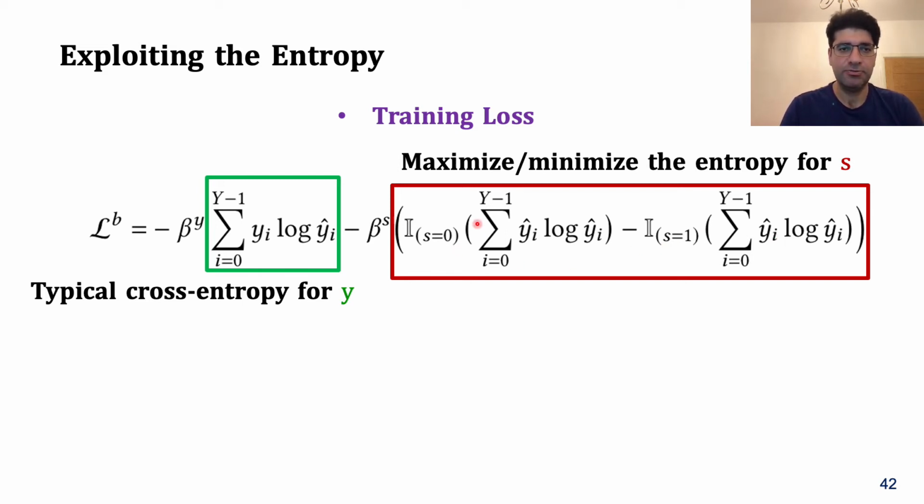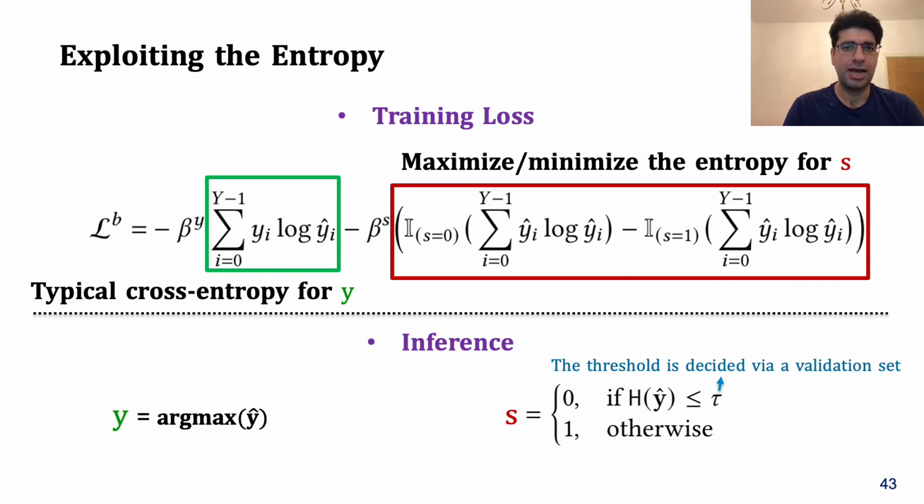Here, if the sensitive attribute is 0, then we minimize the entropy of the output. Otherwise, if the sensitive attribute is 1, we maximize the entropy of the output.